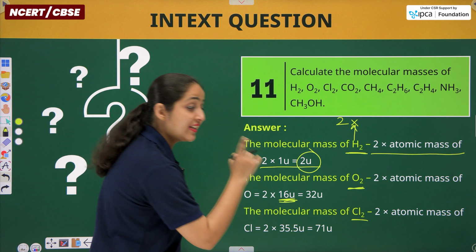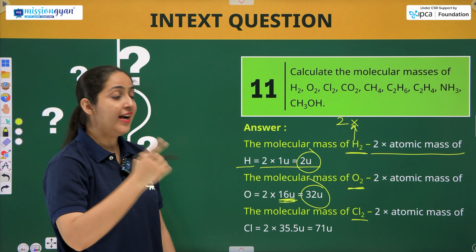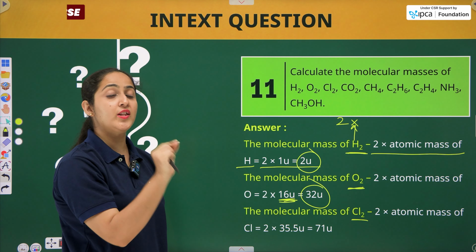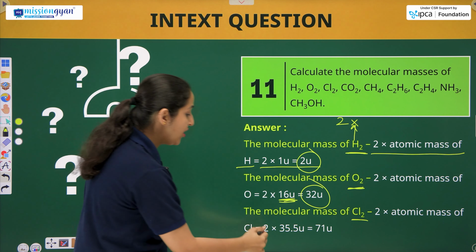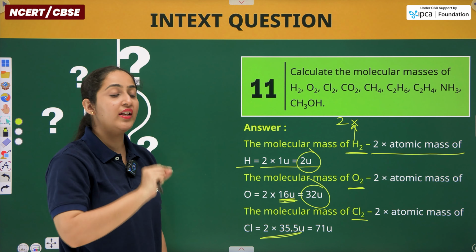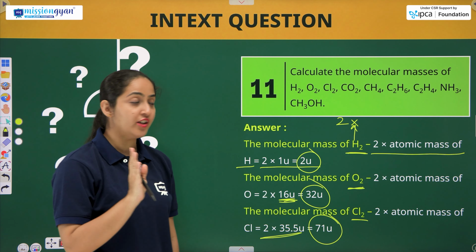Atomic mass of oxygen is 16U. So twice of 16 will be 32U. And the atomic mass for chlorine, one chlorine atom का atomic mass कितना होता है 35.5. So if you multiply it by 2, the molecular mass of the chlorine molecule is 71U. Got it, students?